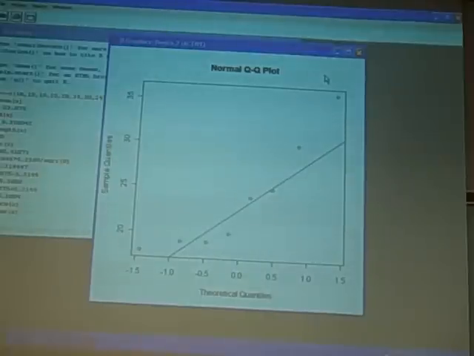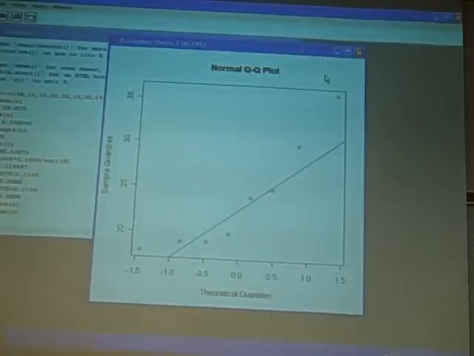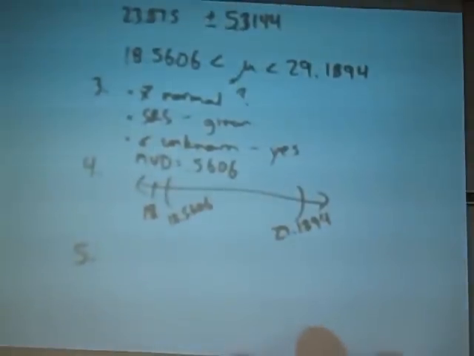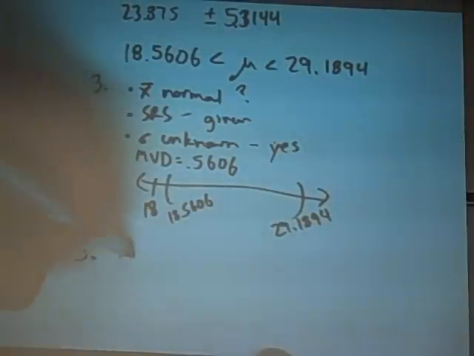So in number 5, that's what I'm asking you to comment on. And a QQ plot's fine. You don't have to do any of the rest of it. So number 5 says, is the normality assumption realistic? Probably not.